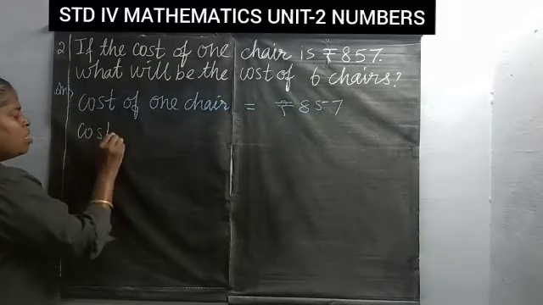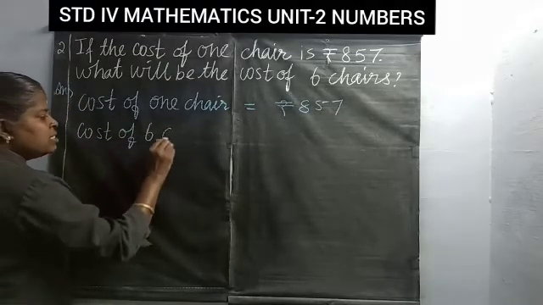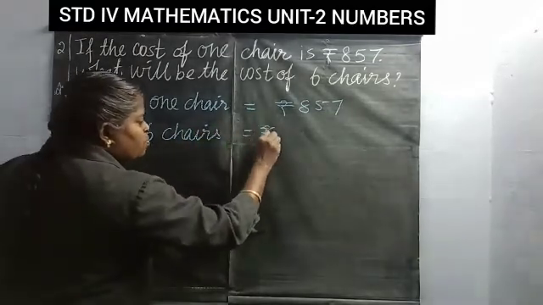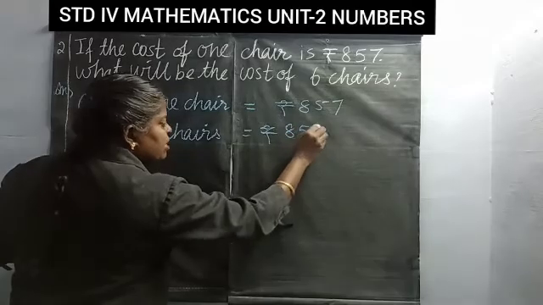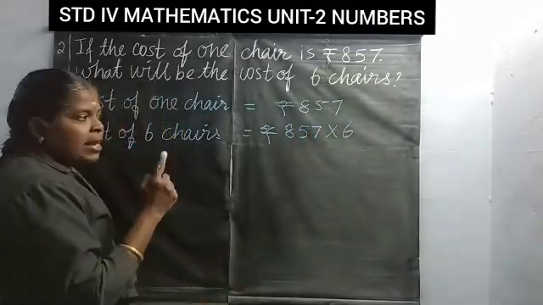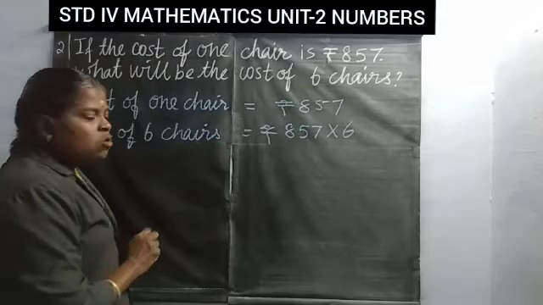So cost of 6 chairs equals rupees 857 into 6.